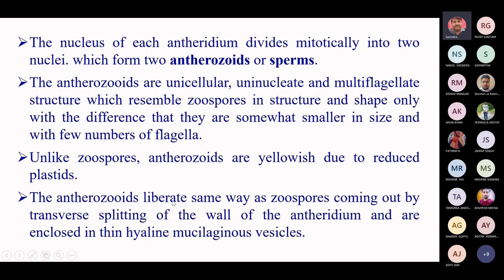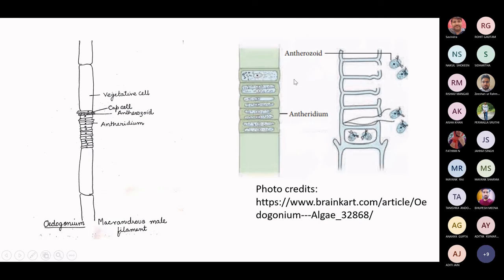And the antherozoids are liberated in the same way as zoospores. Just as the zoospore came out by breaking the cell, in the same way our antherozoids will also come out after breaking the cell by transverse splitting of the wall of the antheridium, and then they will get attached or move towards the female gamete. Like this.